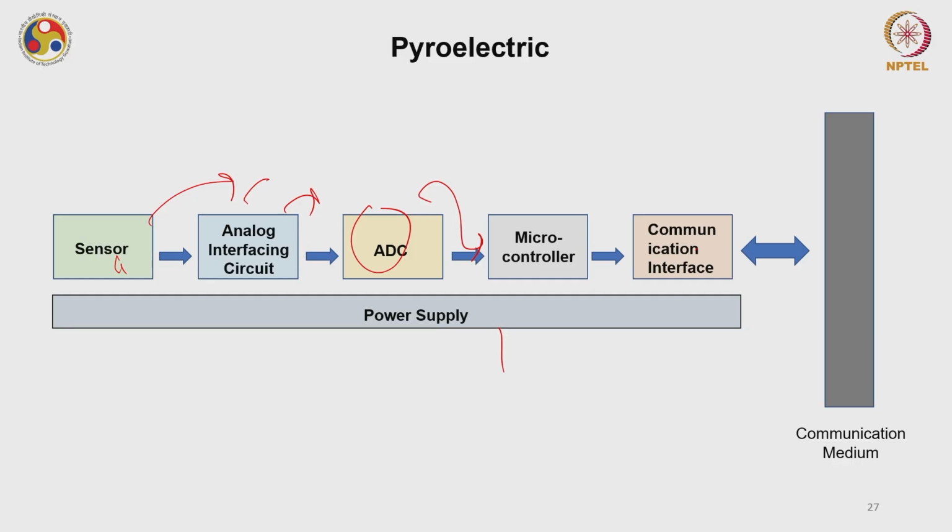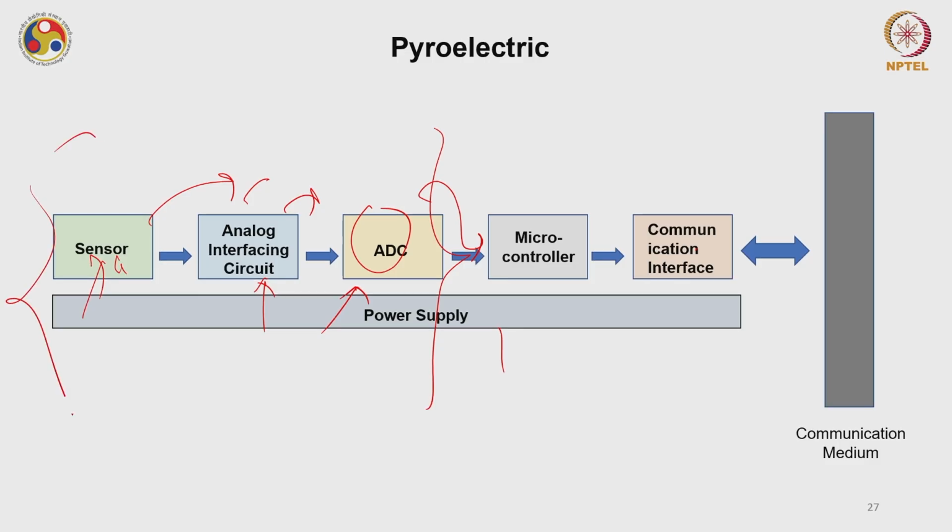Till now what we have discussed is these sensors. In the next class we will also see a little bit on interfacing circuits, and if time permits a little bit on ADCs. And if we have this understanding, I think we are ready to take challenges in this particular area.